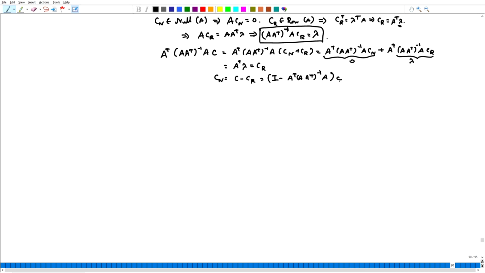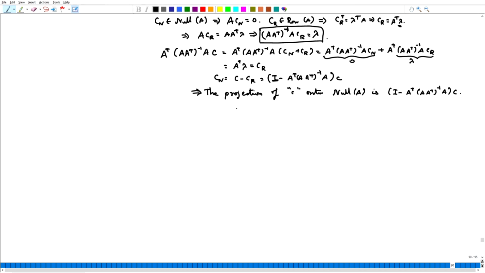When you want to project a vector onto the null space of a matrix, you just pre-multiply the vector with I minus A transpose, A A transpose inverse A. So you can say the projection of C onto the null space of A is I minus A transpose, A A transpose inverse A, into C.